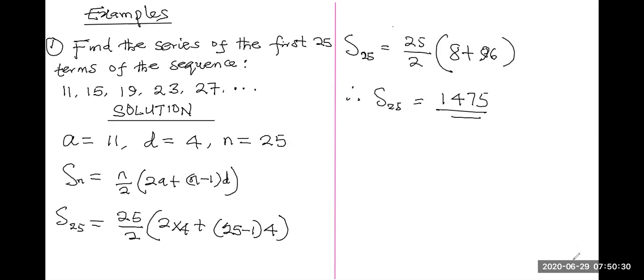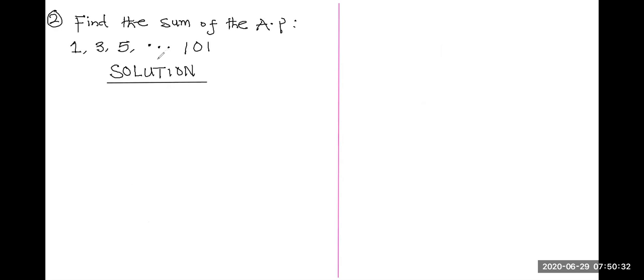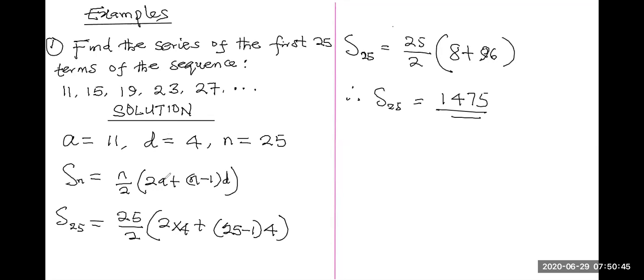Example 2. Find the sum of the AP 1, 3, 5, till the last term 101. Here we know the last term as 101, so we don't bother using this long formula, though it can also work, as long as you know the number of terms.